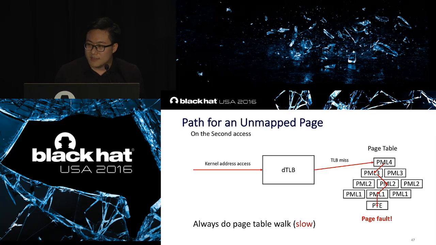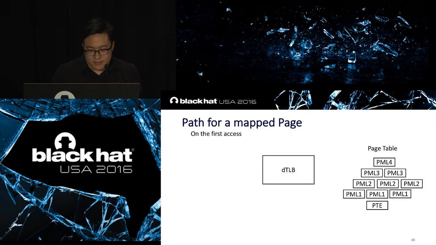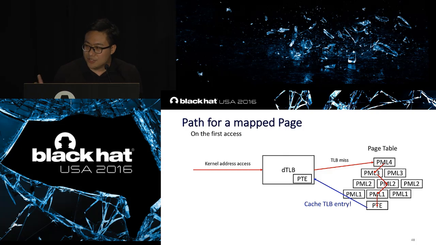So it is slow. And for a mapped address, the path differs on the second access. For the first access, it misses on the TLB, goes through the page table, then caches the TLB entry, then generates a page fault. So on the first access, it took the slow path.